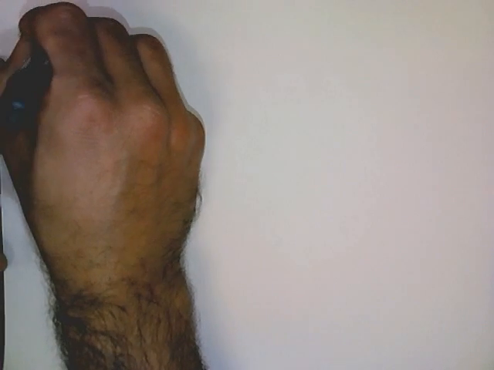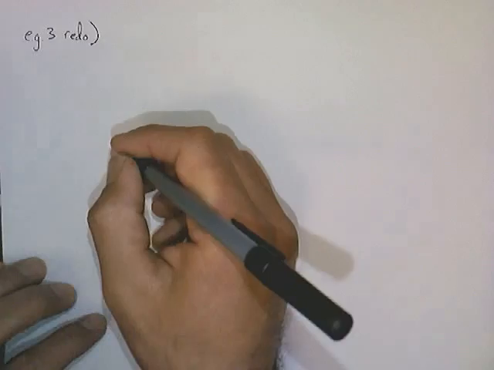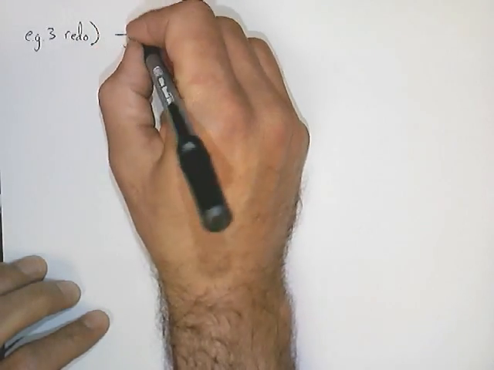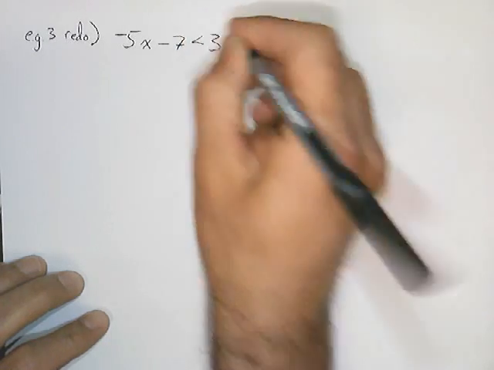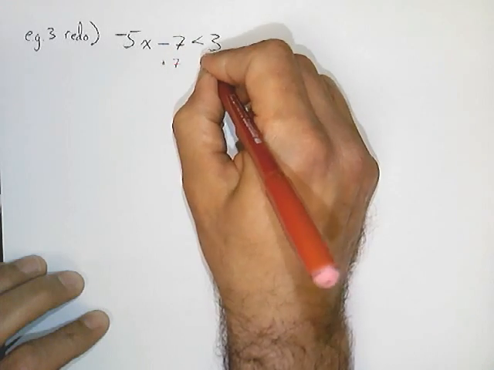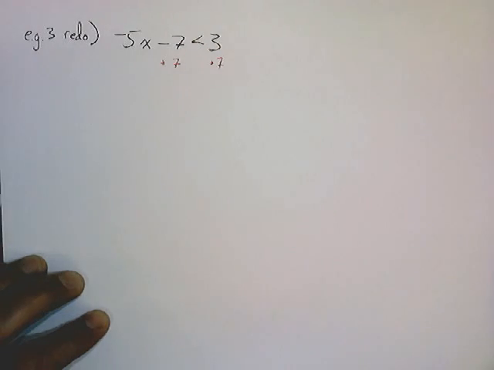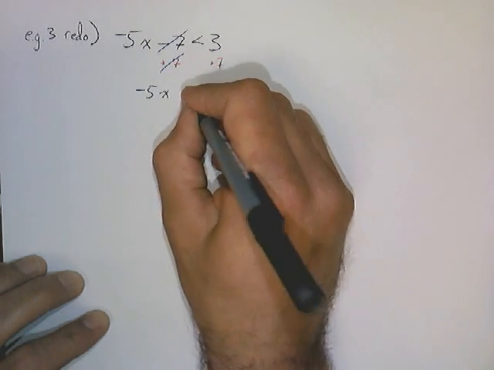So let's redo example 3. Negative 5 times x minus 7 is less than 3. First we add 7 to both sides. That's not a problem. Negative 5x is now less than 10.